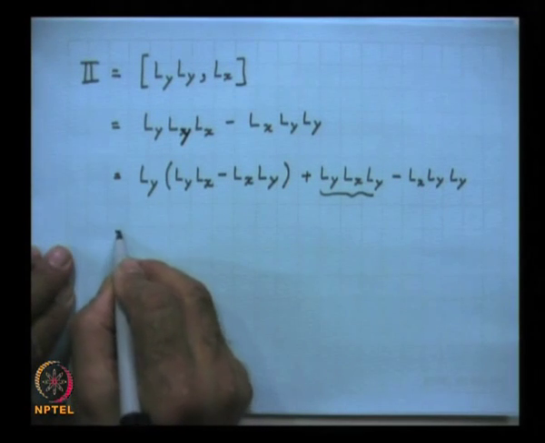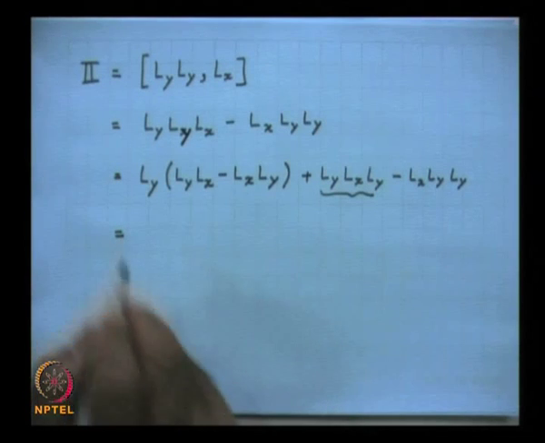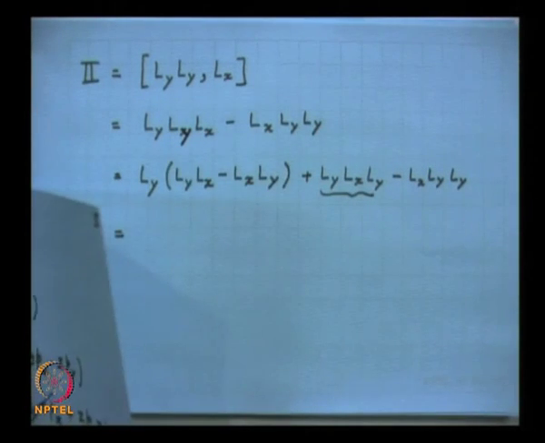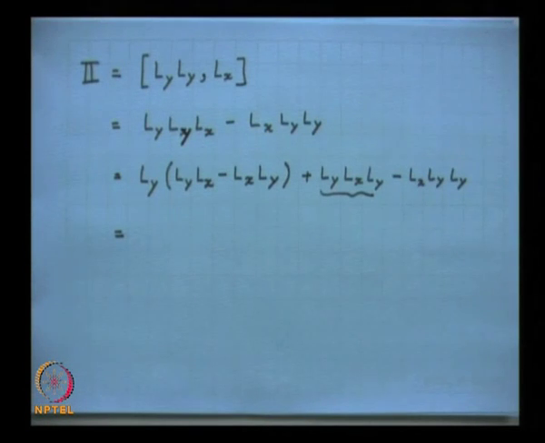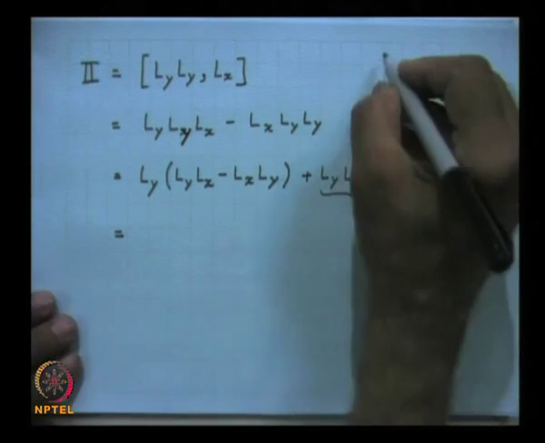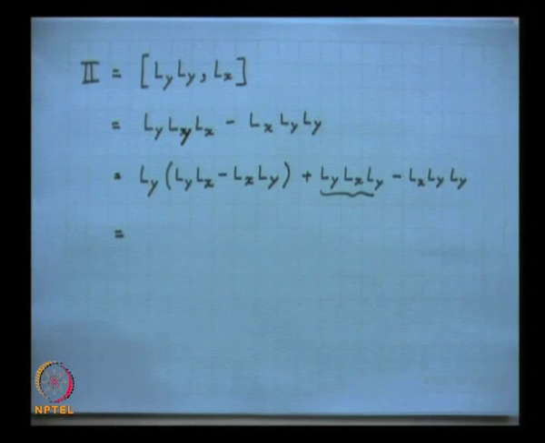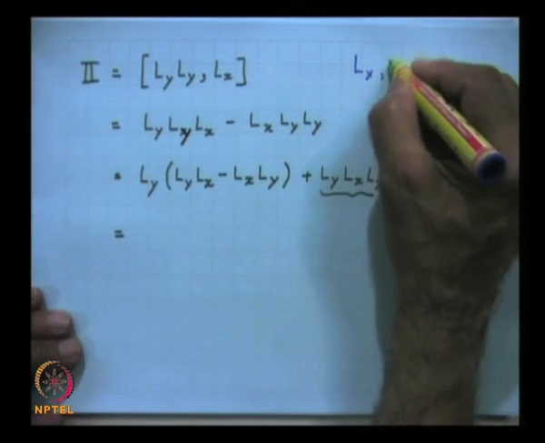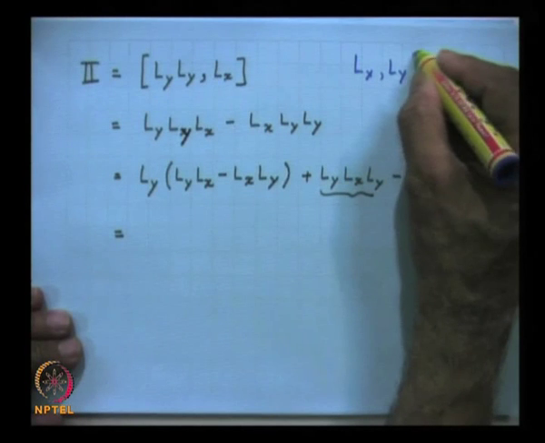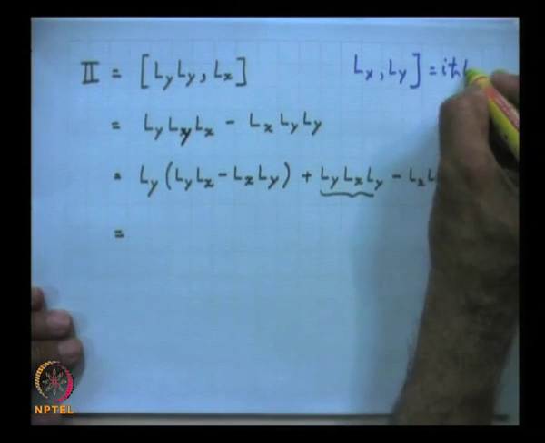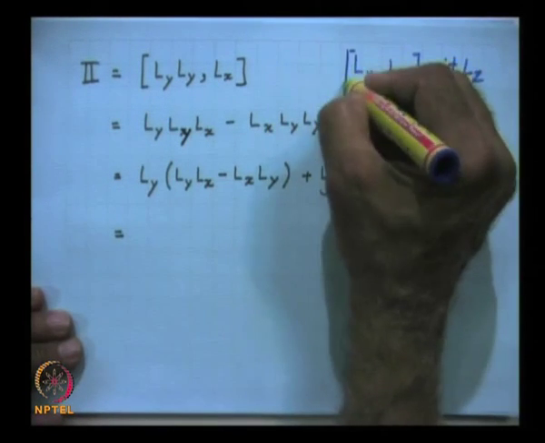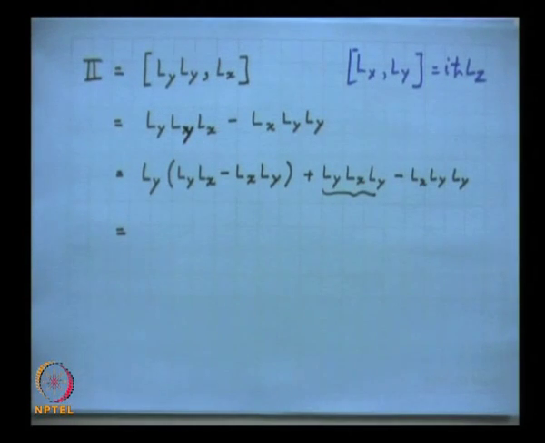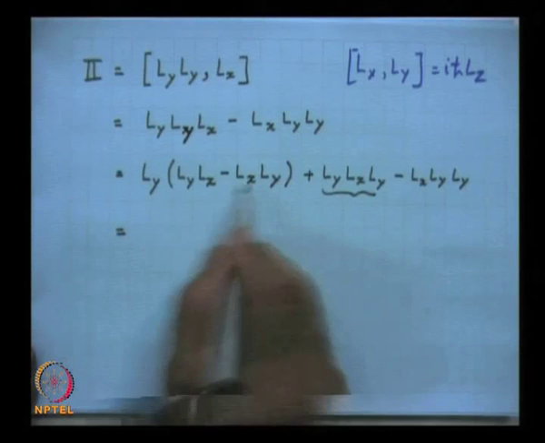So, from the previous analysis we had shown, little earlier, that L x comma L y is equal to I h cross L z. So, this is L x L y minus L y L x. So, this is the negative sign of that.